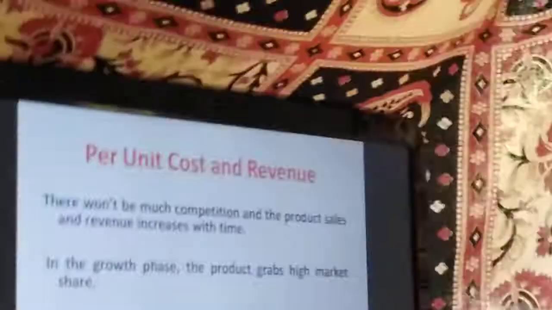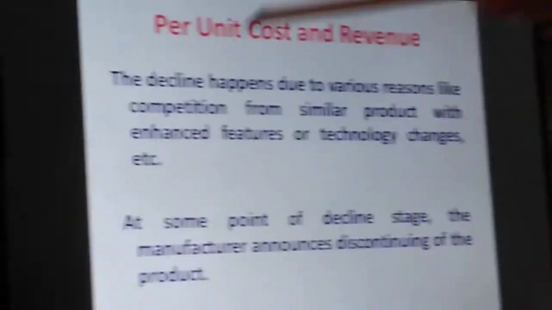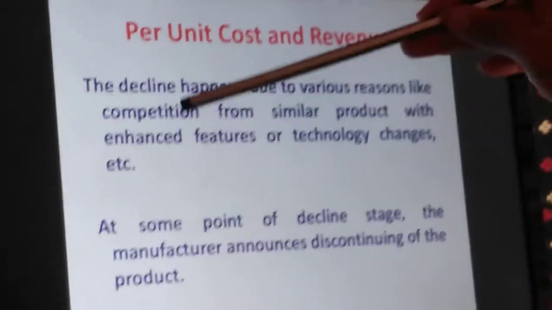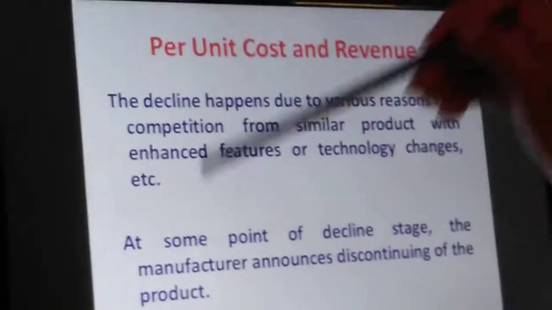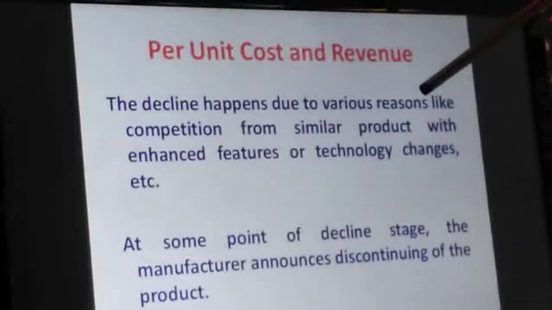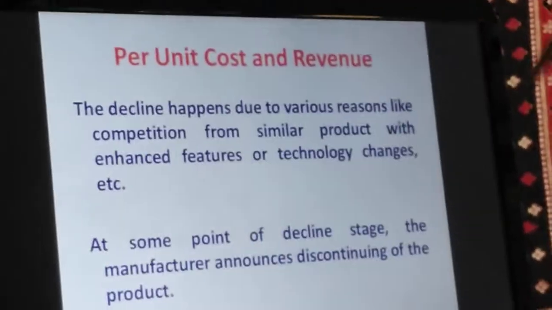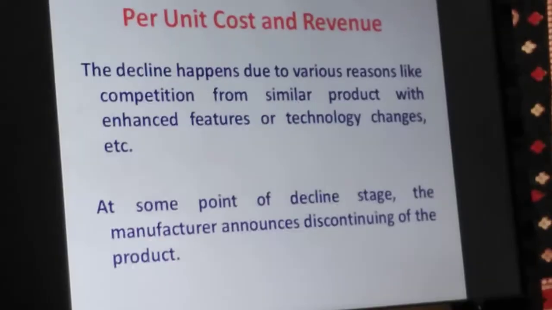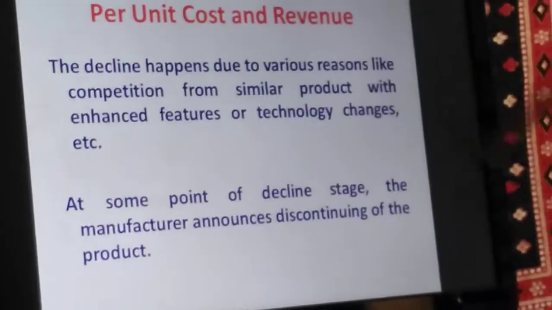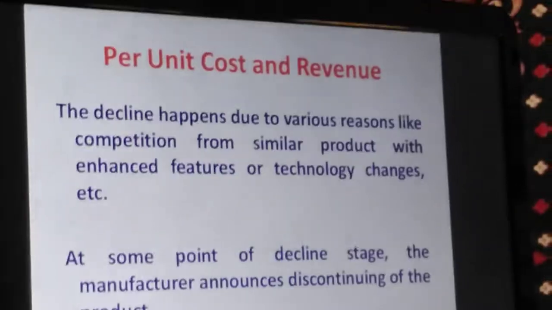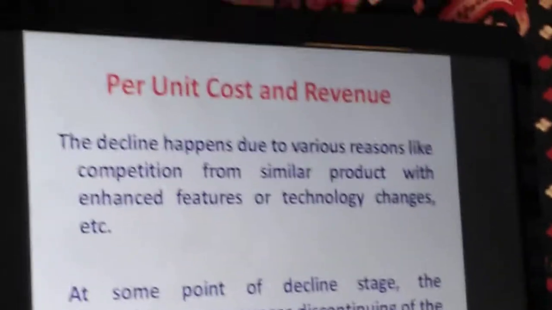During the product retirement phase, the decline starts with a drop in sales volume, market share and revenue. The decline happens due to various reasons, like competition from similar products with enhanced features, or technology changes. For example, people are not buying old TVs; now they are buying LED TVs. So the LCD TV's time is also over.